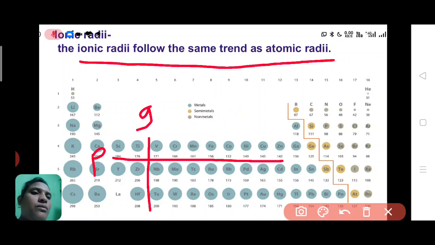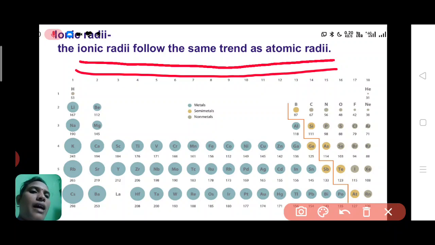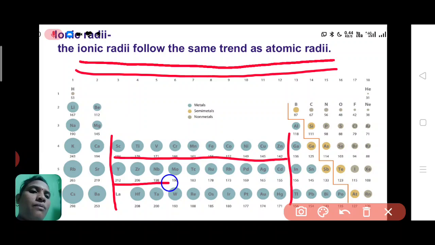So ionic radii follow the same trend as atomic radii. We can say ionic radii are also decreasing from left to right in the periodic table, that is from this group to this group. In the second series also, ionic radii are decreasing from left to right.